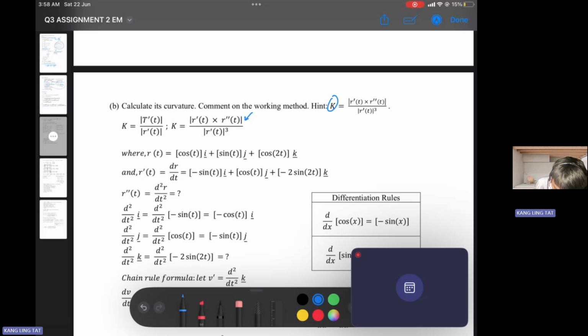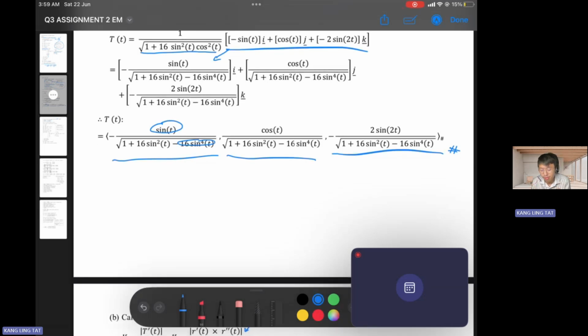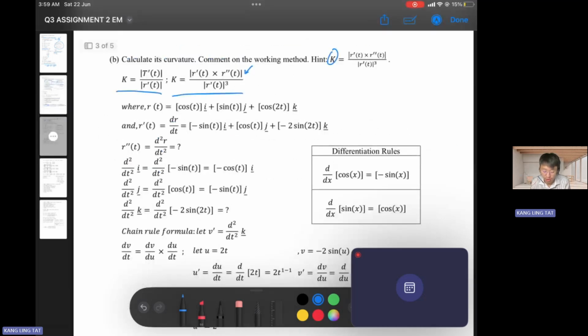So this is the formula we are going to use for question B, because if you want to use the first one, it will be a bit difficult. We might need to apply the quotient rule because of these terms with t at the top and also at the bottom. So it'll be a little more tricky for us to find kappa K, right?